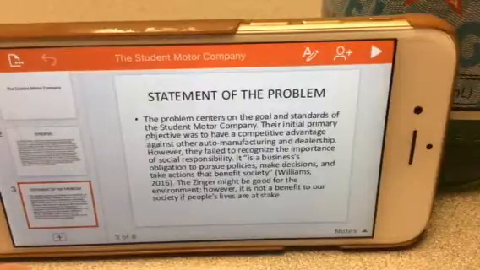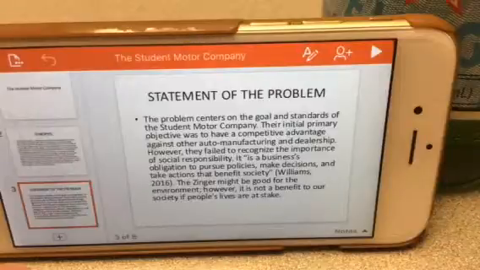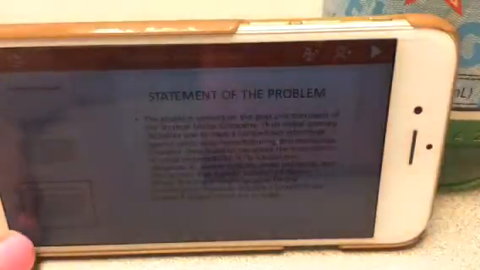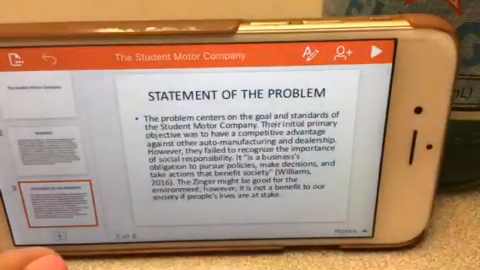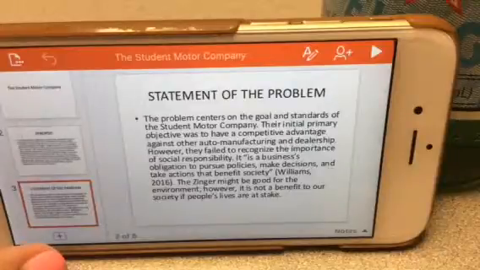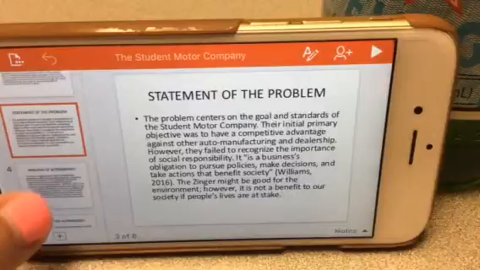Social responsibility is a business's obligation to pursue policies, make decisions, and take actions that benefit society. The Zinger might be good for the environment. However, it is not a benefit to our society if people's lives are at stake.